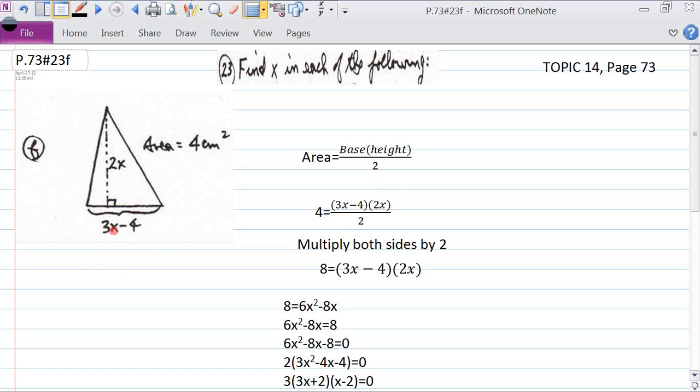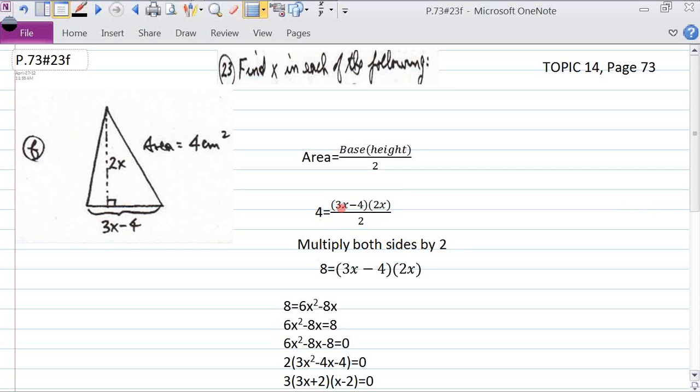So we know what this is. The base is 3x minus 4. The height is 2x. So we're just substituting for these in here over 2. Now, because of this 2, I want to get rid of it, so I'm going to multiply both sides by 2. 2 times 4 is 8.